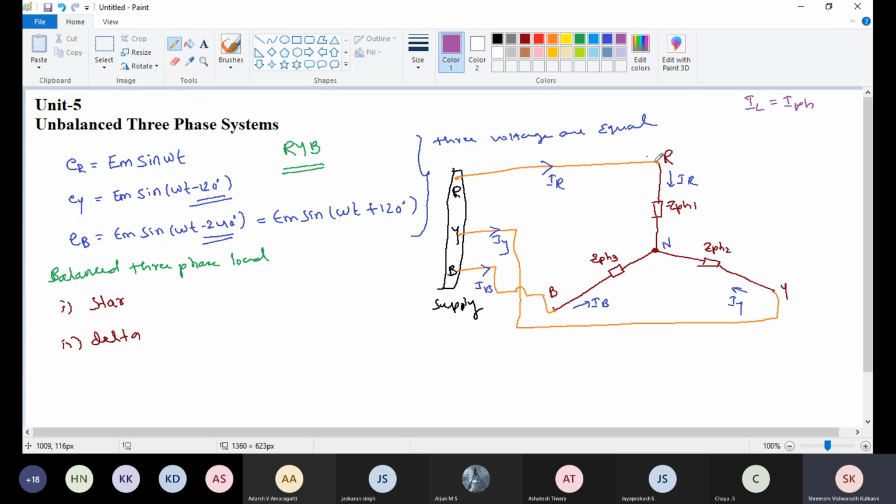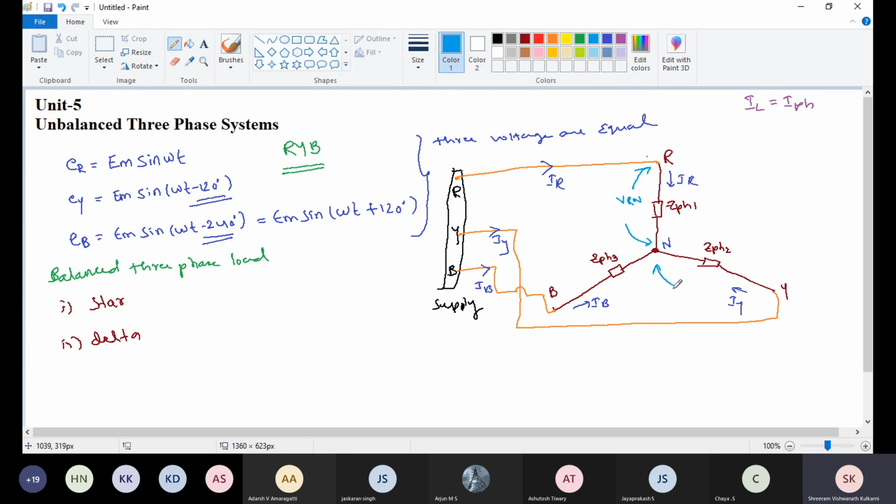Then the voltage across the phase, how are we going to write it? Phi Rn here. The voltage across the phase is called the phase voltage.